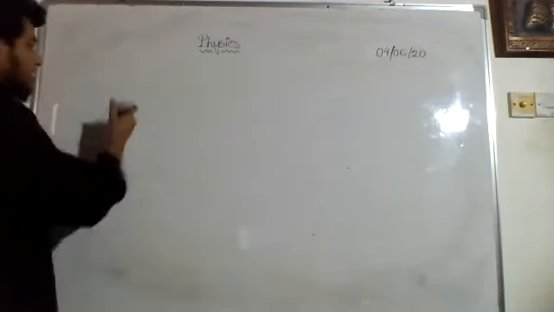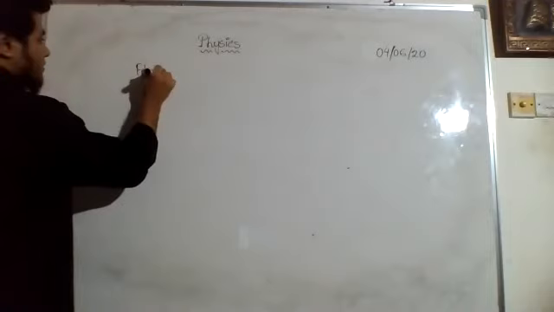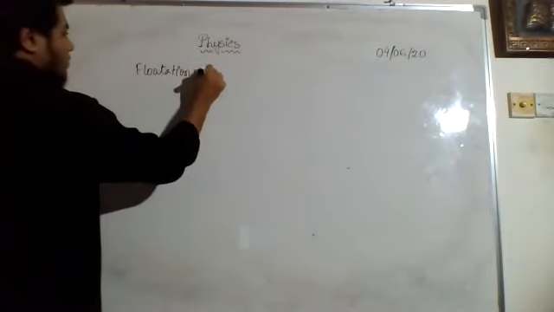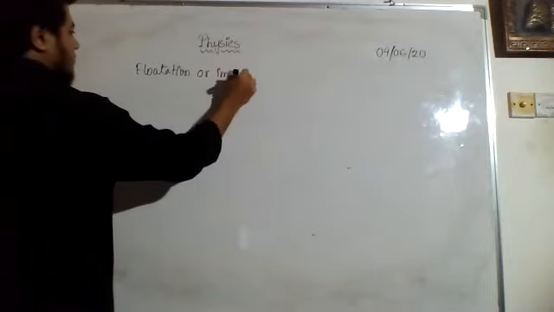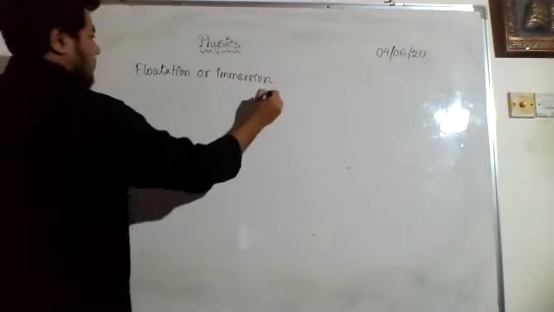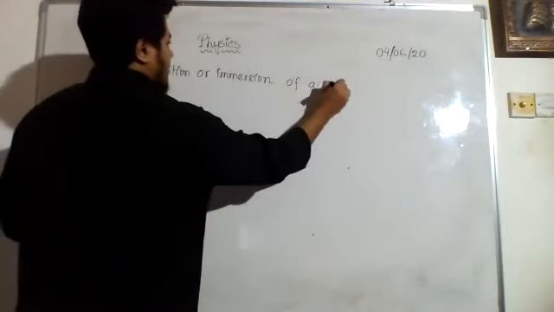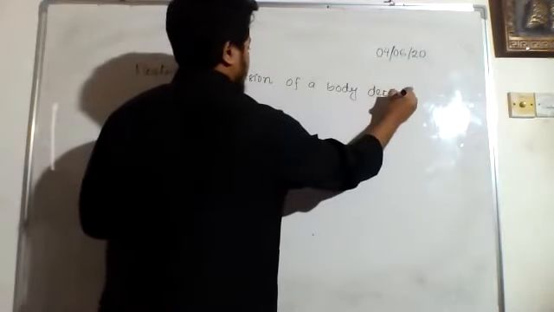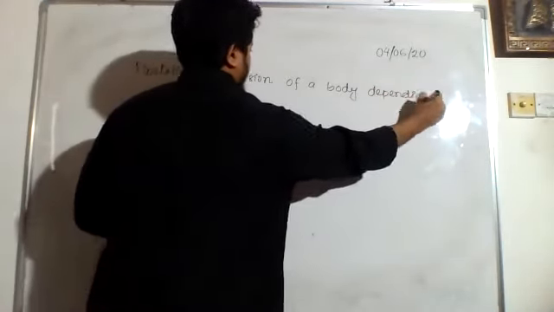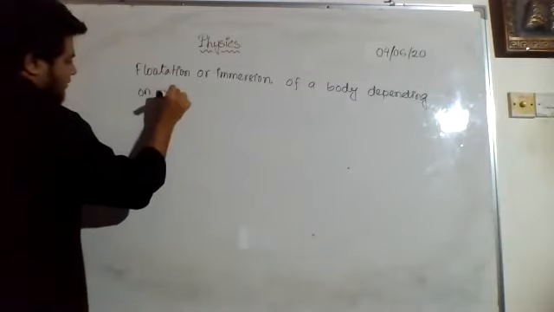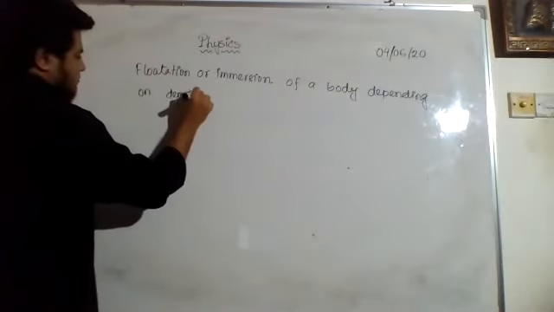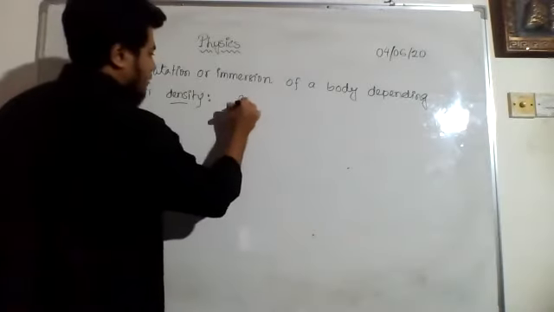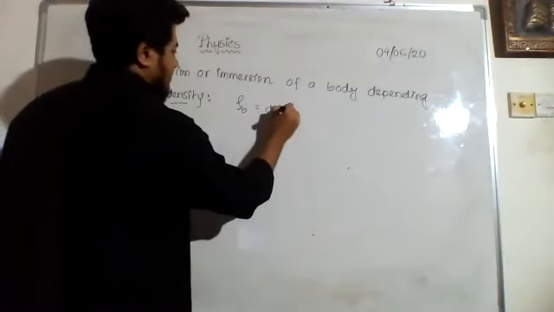So this topic is named flotation or immersion of a body depending on density. Okay, so let us say rho b, this is the density of the object.